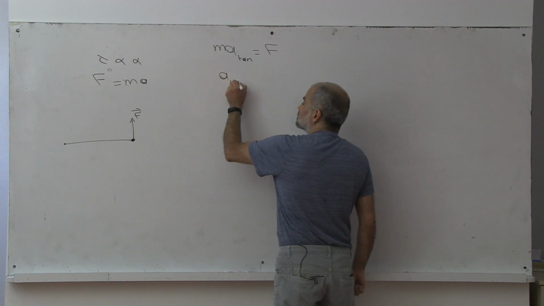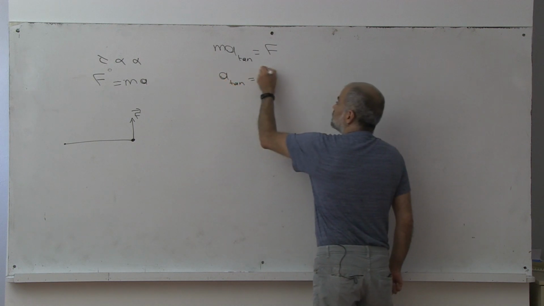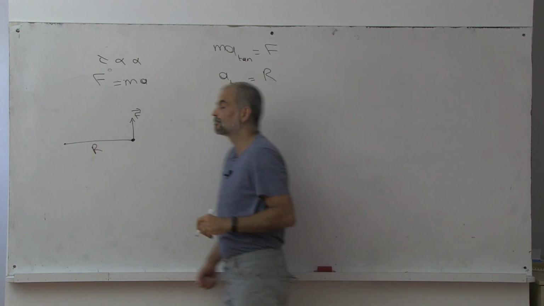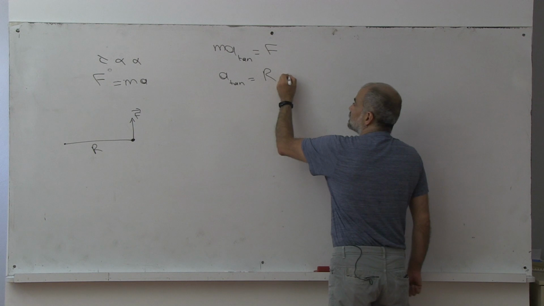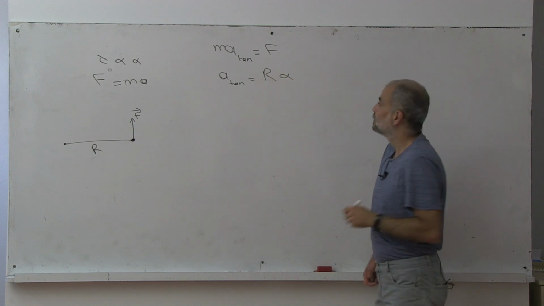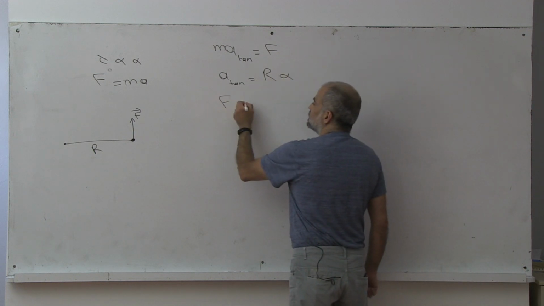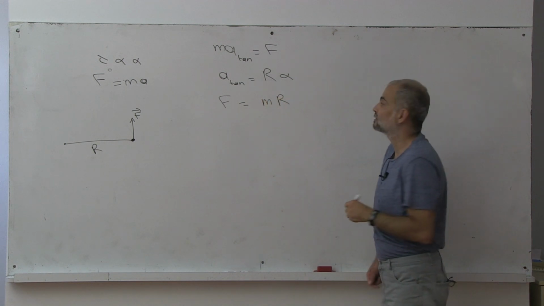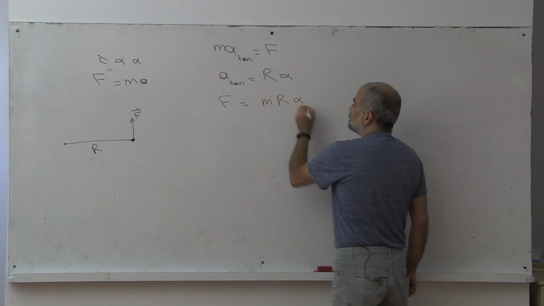Now we know that the tangential acceleration is related to the angular acceleration of this object. The tangential acceleration is the distance from the rotation axis, in this example r, multiplied by the angular acceleration. So force is equal to mass times the distance from the rotation axis multiplied by alpha.